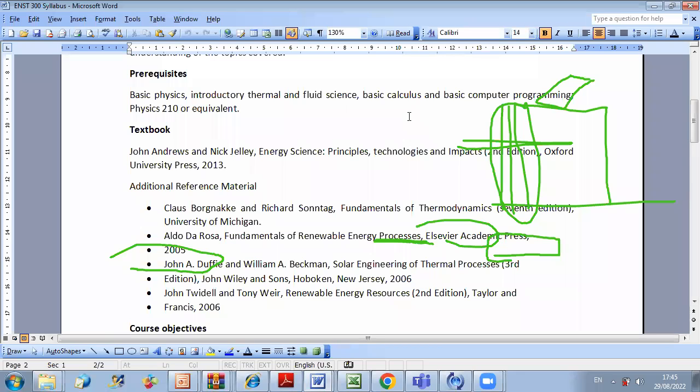We need to have a little bit of knowledge of thermodynamics, of fluid mechanics, of different types of renewable energies. But as I told you, don't worry, everything will be explained from zero. So you don't have to have a very important background. Even if you are a student of economics, you can go with this course. Don't worry about it.